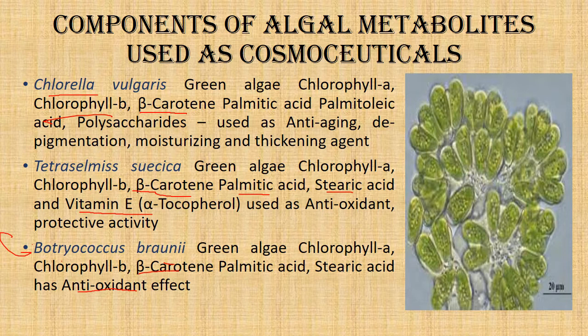This Botryococcus, just like the other types of algae, has a very high amount of carotenoid, which is an accessory pigment that has antioxidant property, that is, it is protective against the UV rays. And due to this property, Botryococcus is used as a photoprotective as well as an antioxidant.